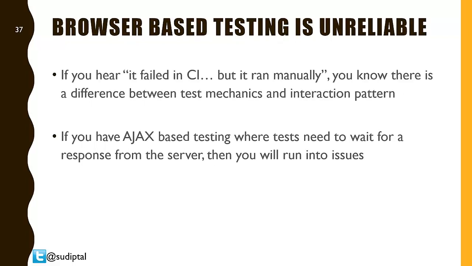Browser-based testing was the recommended method for a long period of time, but as time has progressed, the thinking has changed to the fact that it's essentially time consuming. You're always waiting for the server to send you a response and then for the browser to react and take you to the next step.